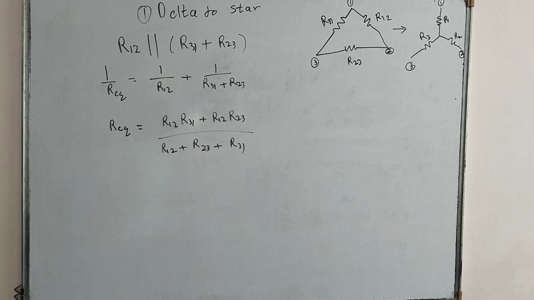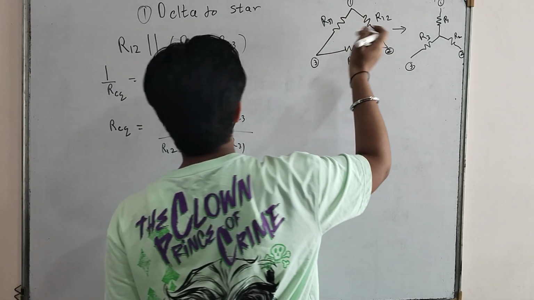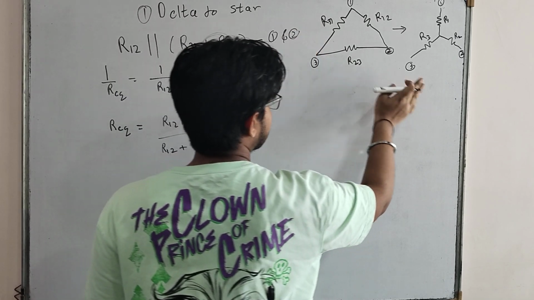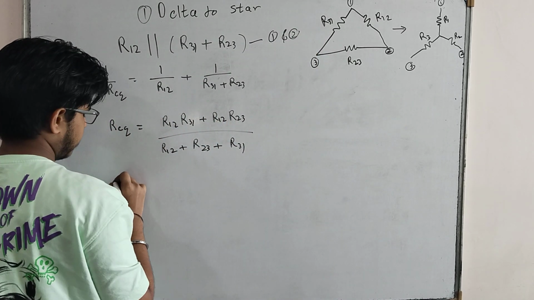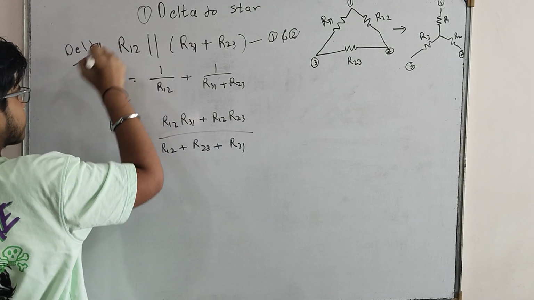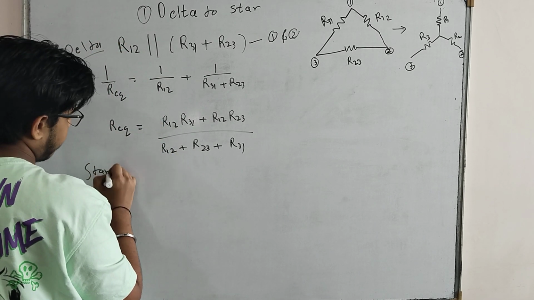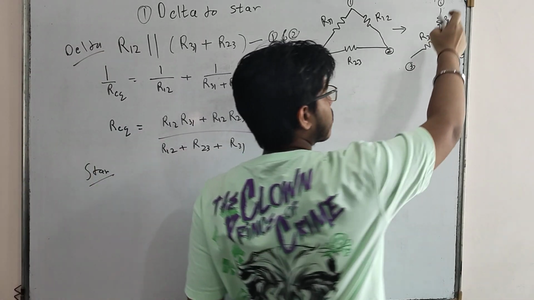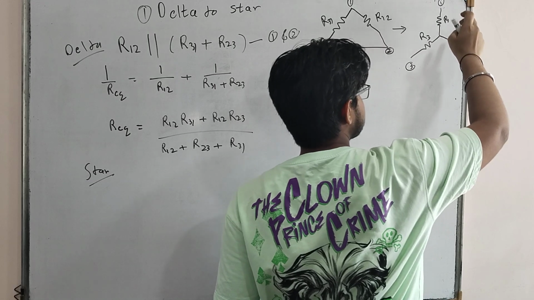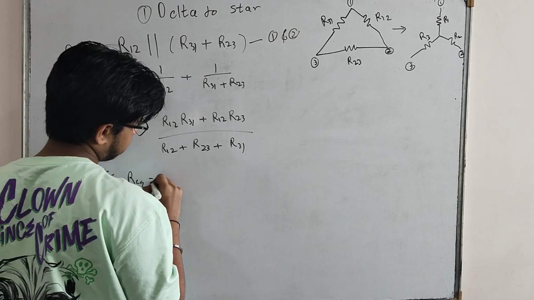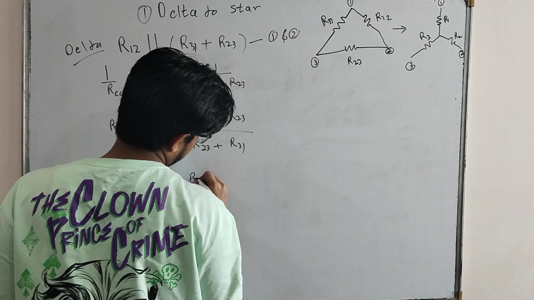Likewise, from our star diagram we can also see, between terminal 1 and 2, this was from delta. Now let us talk about the star diagram. In this diagram between node 1 and node 2, R1 is in series with R2. So we can write R equivalent is equal to R1 plus R2.